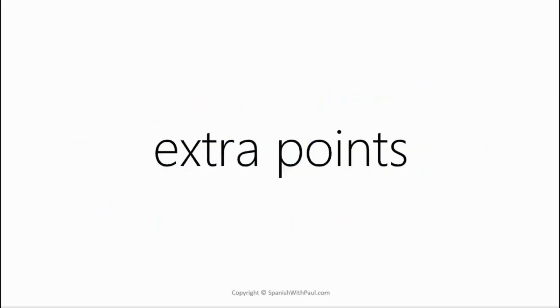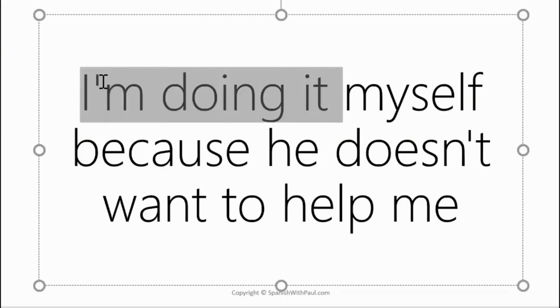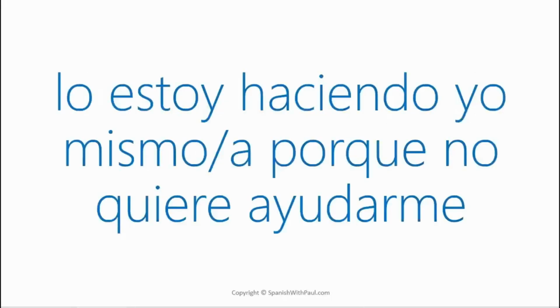I'll give you extra points if you can redo that phrase, but this time for I'm doing it, I would like you to use the alternate structure where we put the it at the front. See if you can remember how to do it. Lo estoy haciendo yo mismo, yo misma, porque no quiere ayudarme.